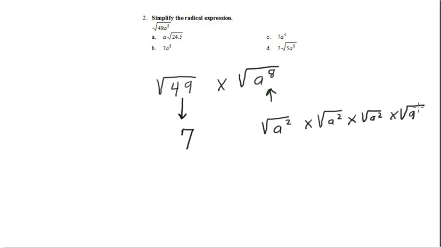I did it this way because we know that the square root of anything squared is itself. So that gives me a times a times a times a, right? So a times a times a times a is simply a to the 4th. It gives me 7a to the 4th, which is C.